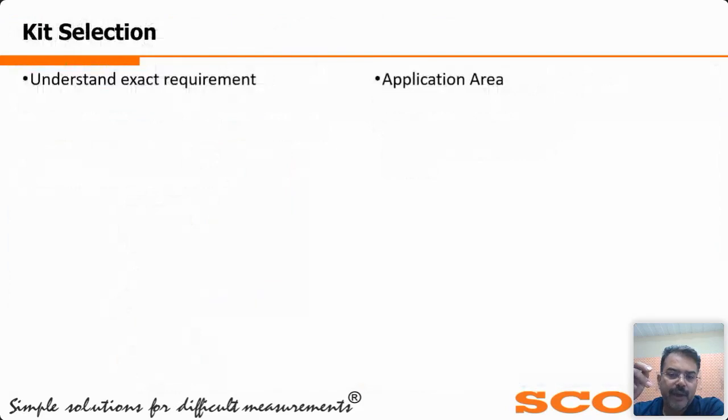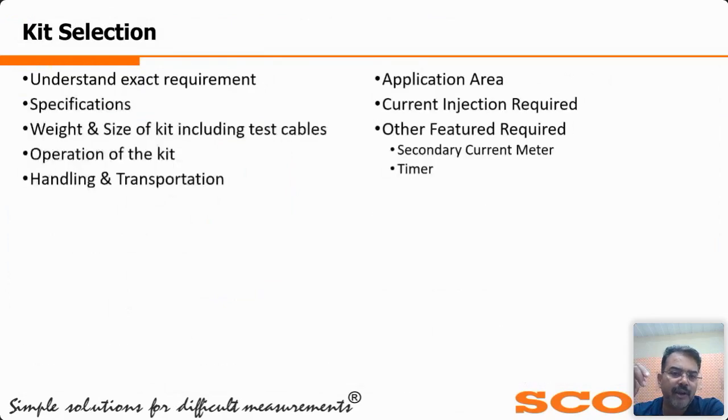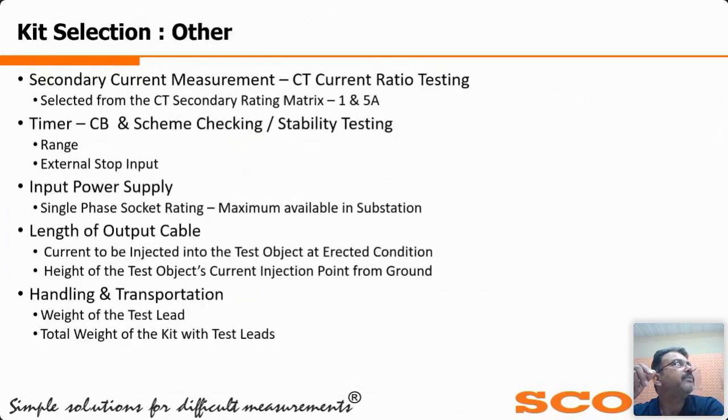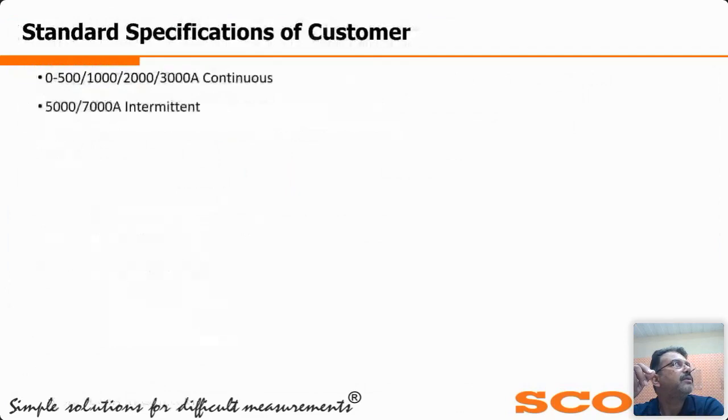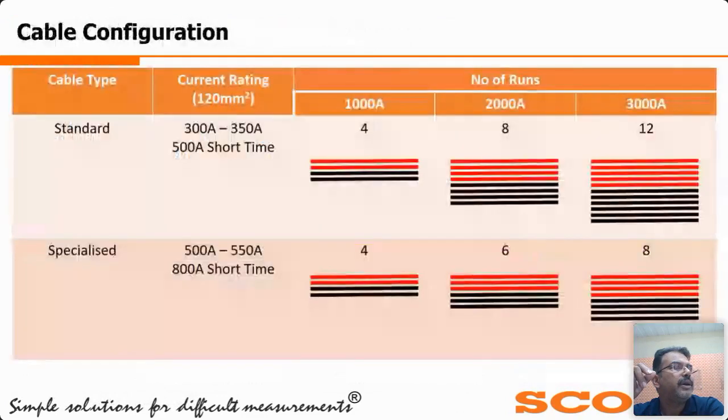For 1000 ampere, we are not able to achieve any reduction. As you can see in the 1000 ampere cable kit, in both cases we require more than one cable.